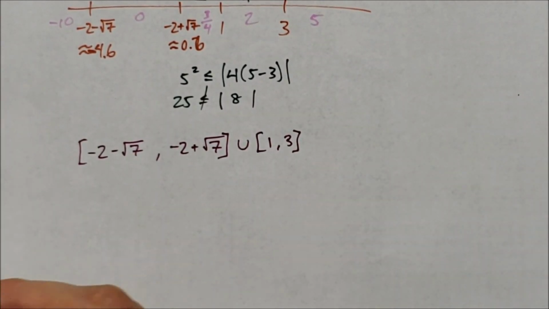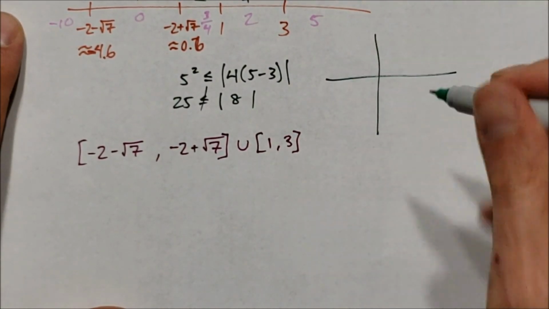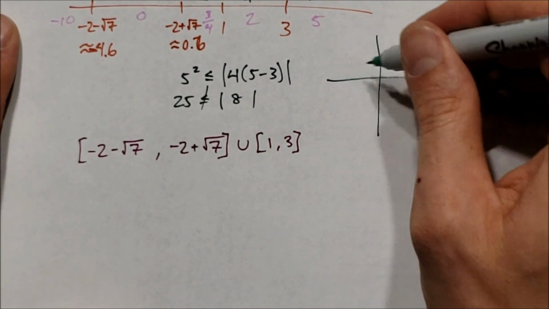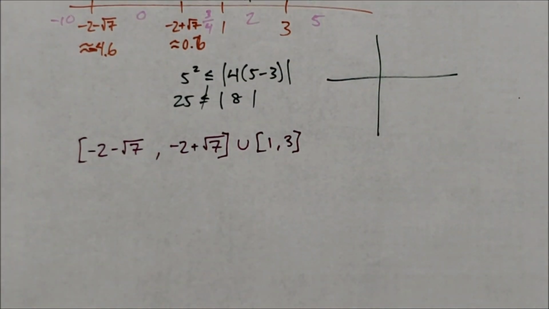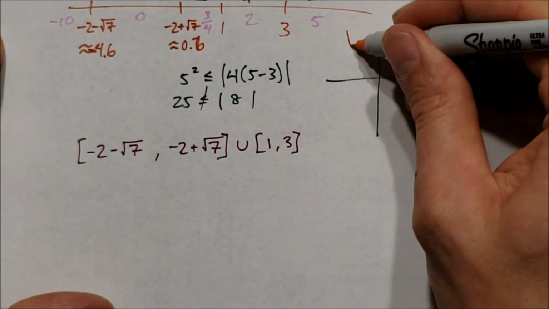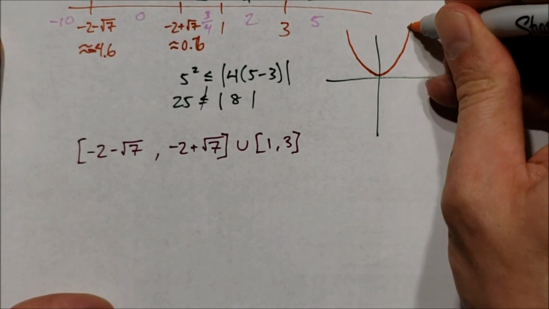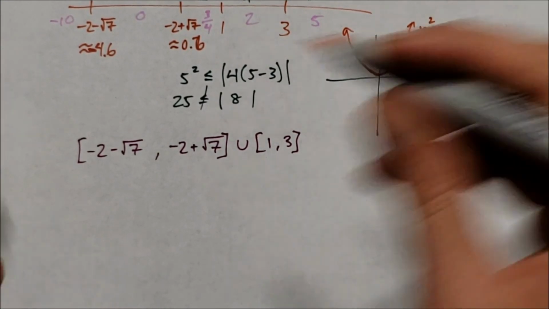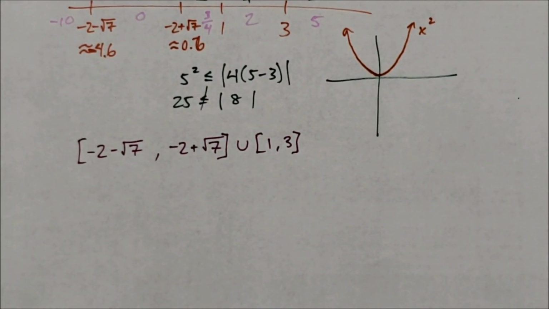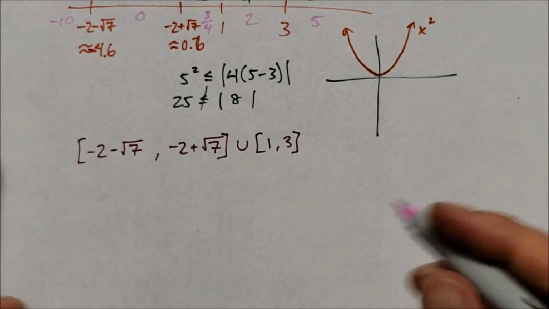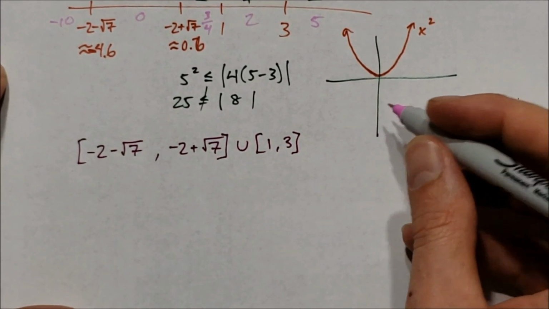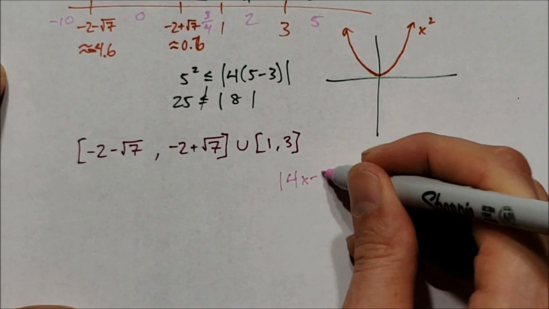If we were to graph this, we'll end with graphing this very quickly. If we were to graph the two of them, we'd have x squared, and we're looking at our absolute value of 4x minus 3.